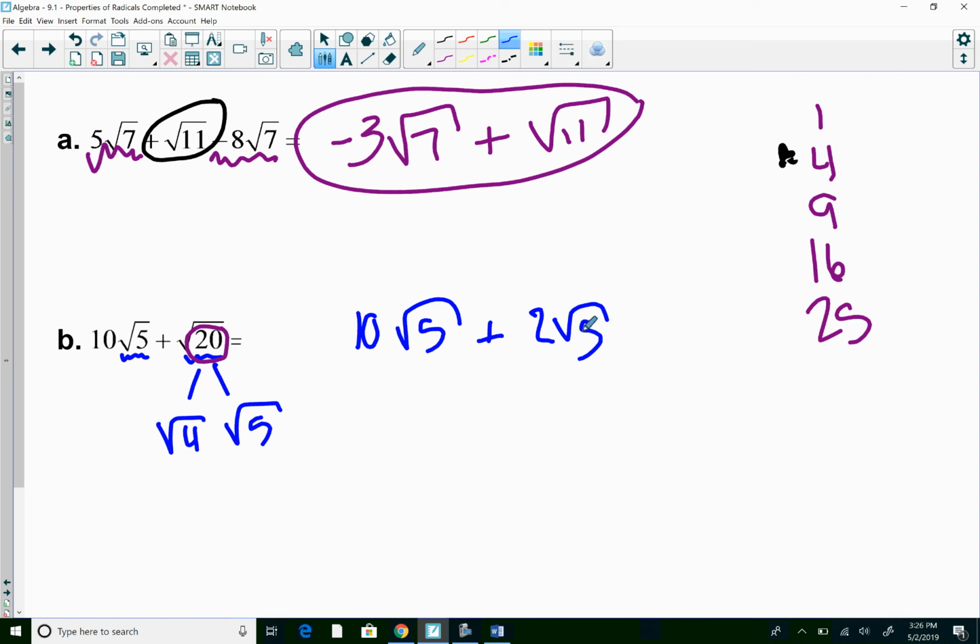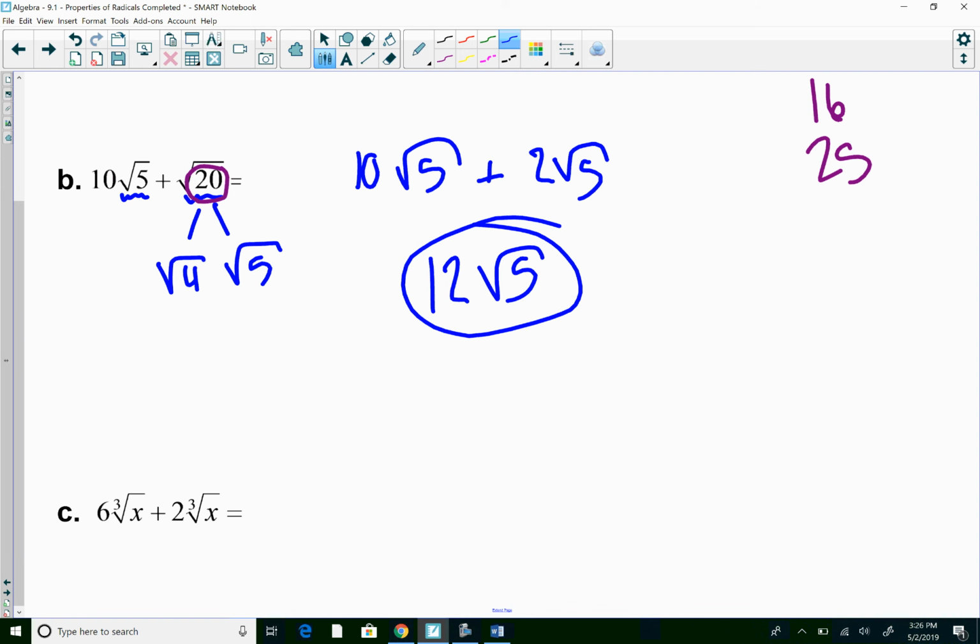So these types of problems are coming your way. You have to be able to identify when you need to simplify and when you don't, and this is an instance where you do. Then combine those like radicals, and that gives you 12 root 5.